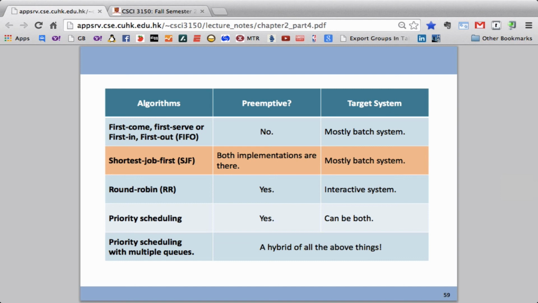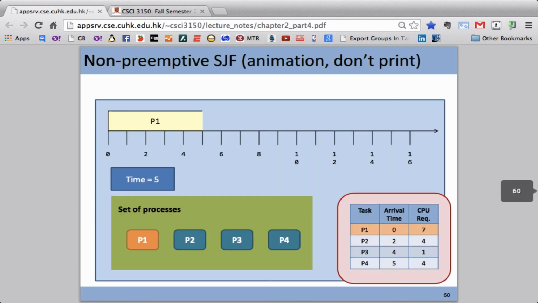We have a name for the example just now: preemptive scheduling. Preemptive means that I will stop a job if I want to. That's why SJF has 2 categories, one non-preemptive and one preemptive. I know which kind you love, but we can have some objective measurements.